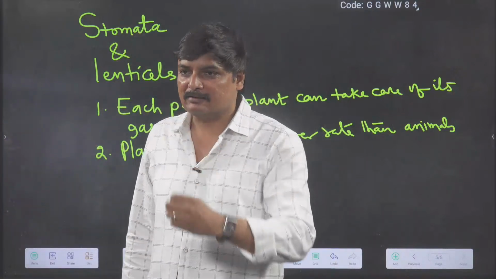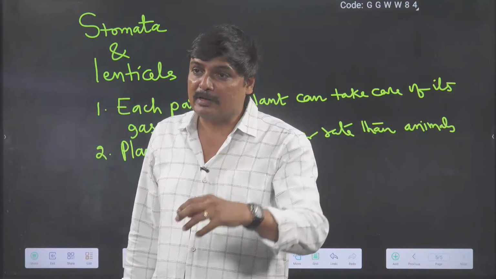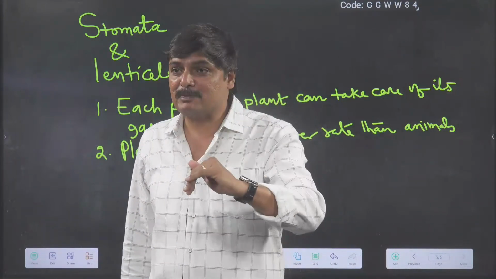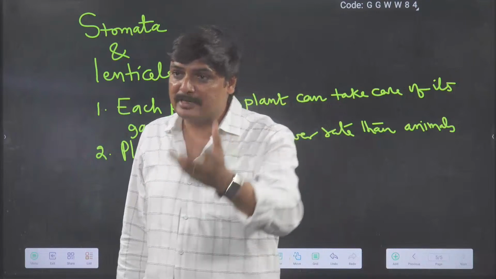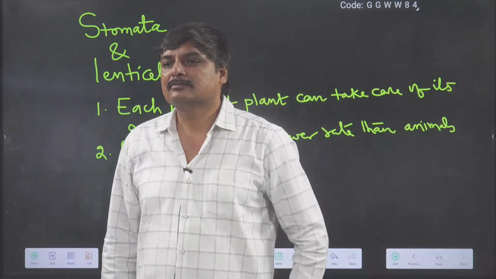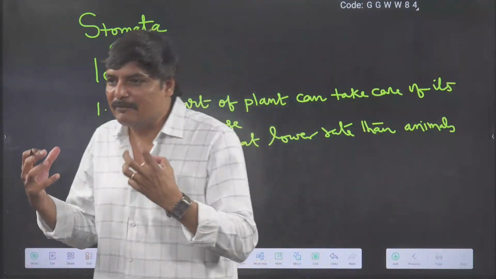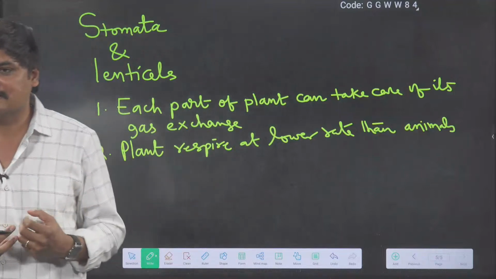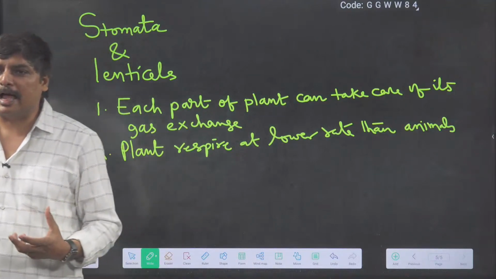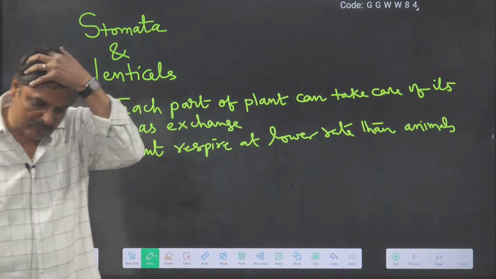Roots respire much slower than animals. Stems respire lower than animals. Leaves respire lower than animals. So the rate of respiration is low in plants when compared to animals.